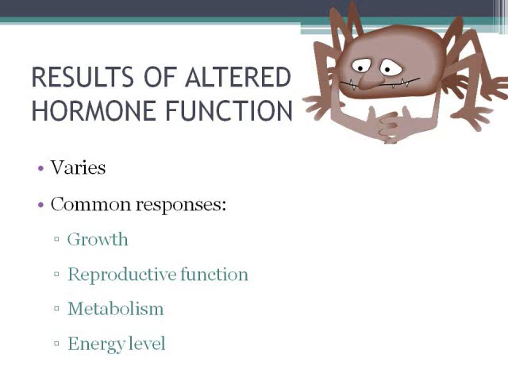The results vary depending on how great of a problem it is, but the common responses are changes in the amount of growth, changes in reproduction function, changes in metabolism, and changes in energy level.